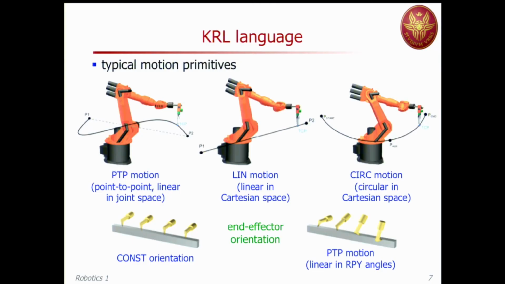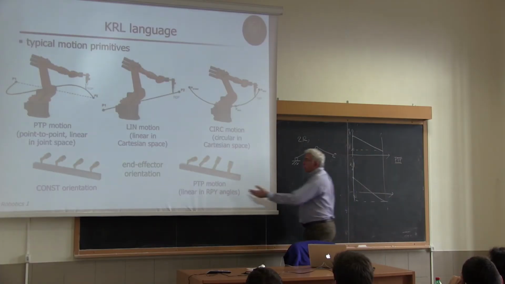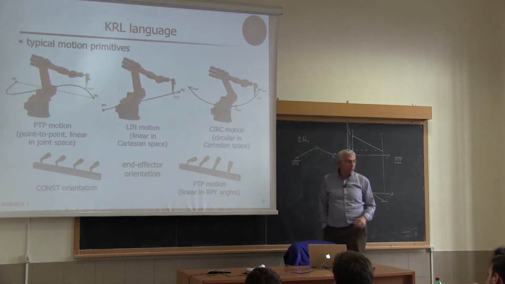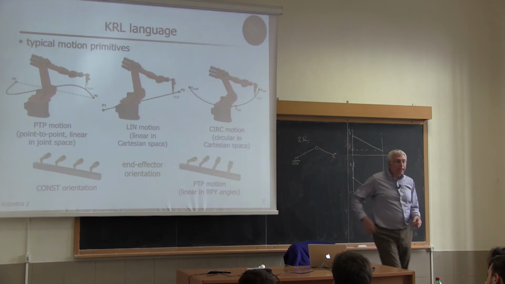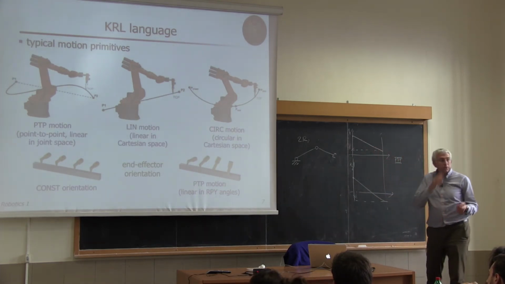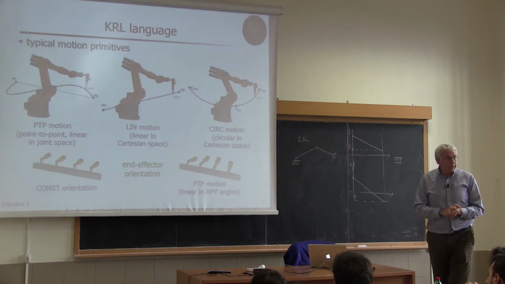Or you can use a set of angles to define the change of orientation. So you define a roll pitch yaw angle for the initial orientation, a roll pitch yaw angle for the final orientation, and then you interpolate, like here, in a linear fashion between the initial value and the final value of these angles.